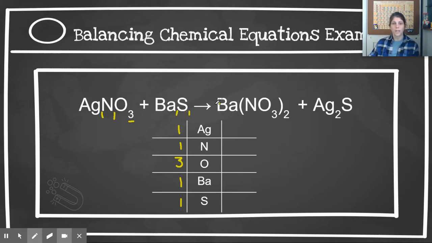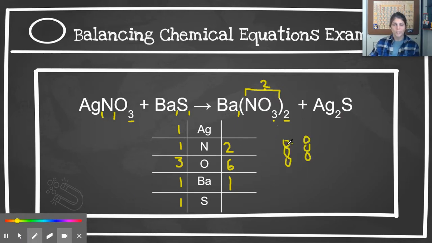Now, on the product side, we're ending with 1 barium because there's no number after it. But here we have this NO3 group in parentheses. There's 2 of this whole NO3 group, because of that 2 right there, which means I have 2 N's and 6 O's, because I have 2 groups of 3.